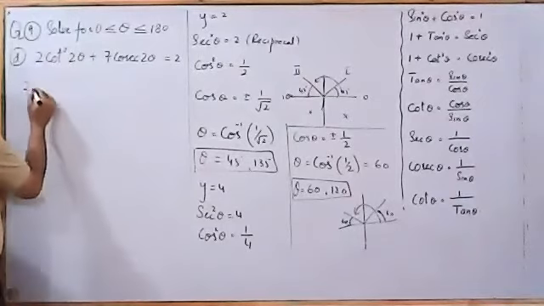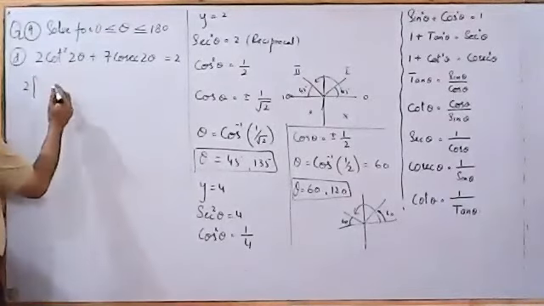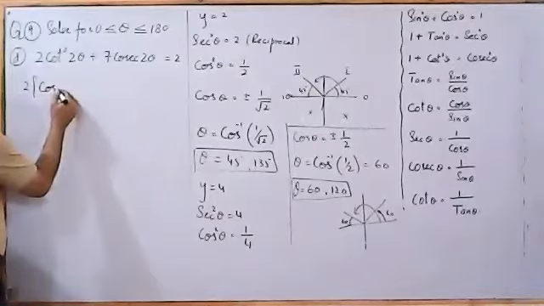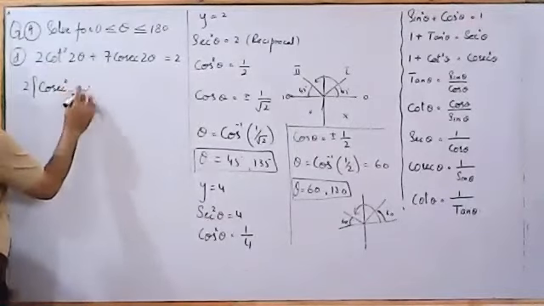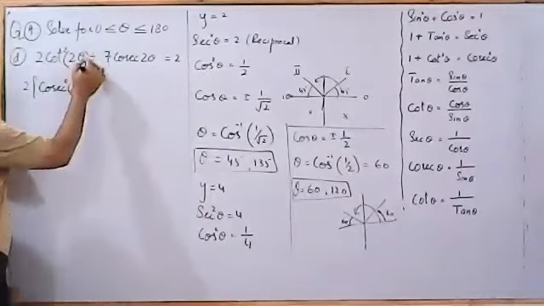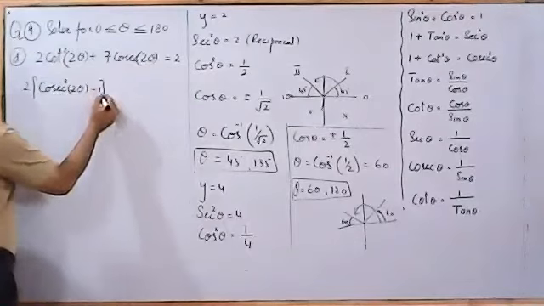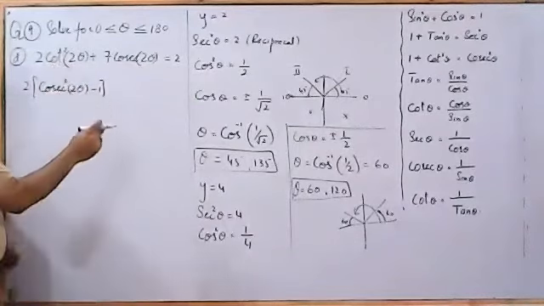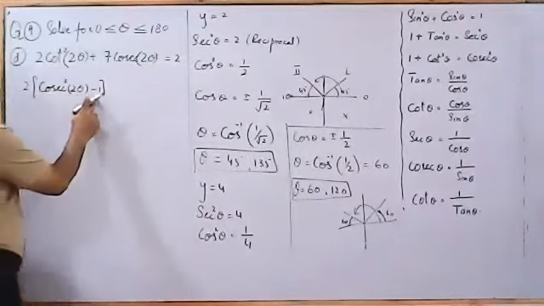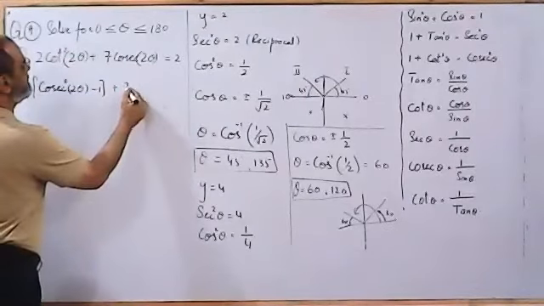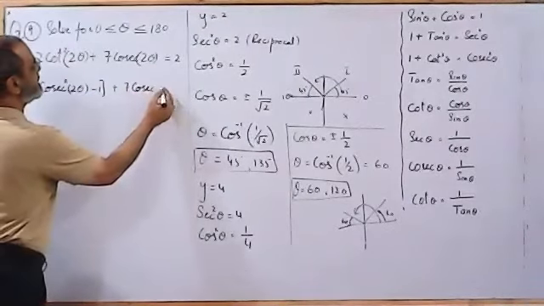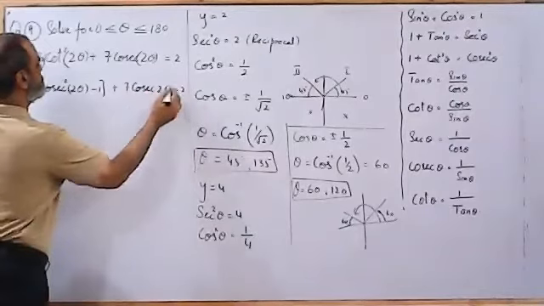So 2 into cosecant square 2 theta minus 1. Remember, in this case, the angle is 2 theta, it's not just theta. I replace cot square 2 theta by cosecant square 2 theta minus 1, plus 7 cosecant 2 theta is equal to 2.